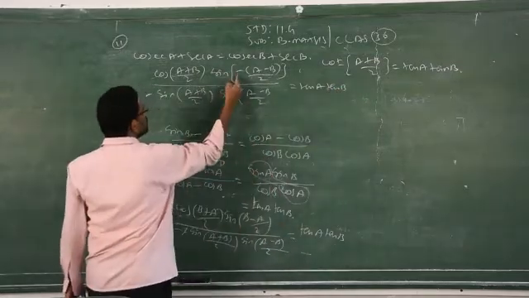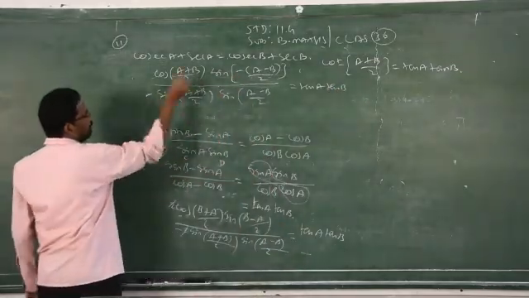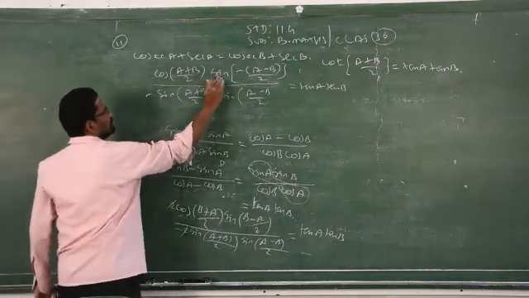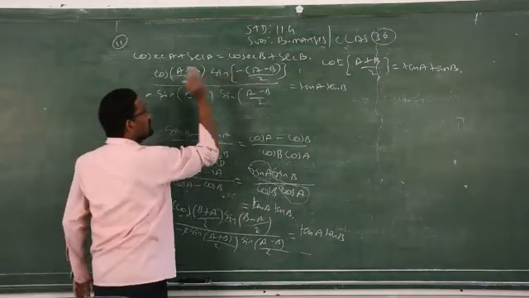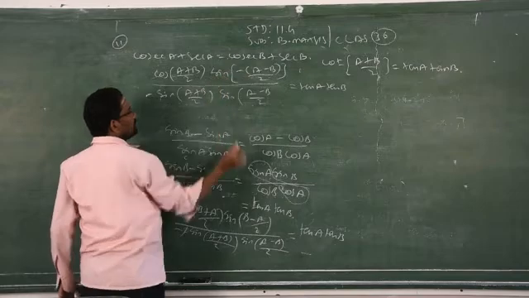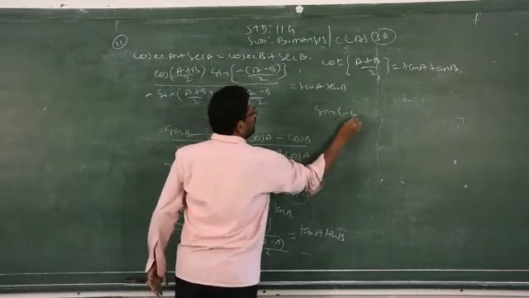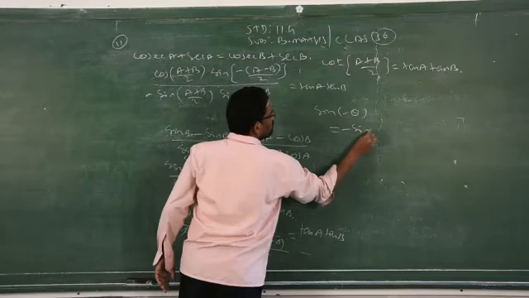So this is an odd function, so you take the minus outside. If it is cos, the minus will become positive because cos is an even function. Sin is an odd function, so sin of minus theta is equal to minus sin theta.